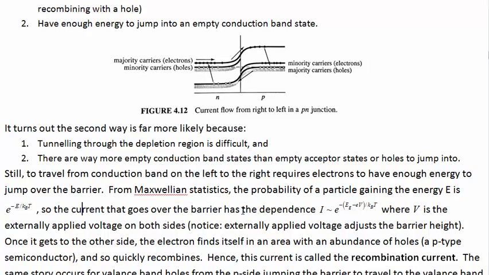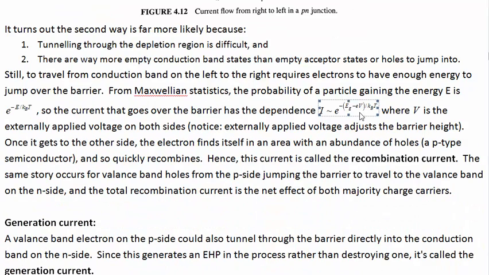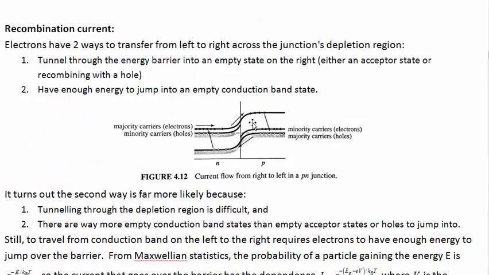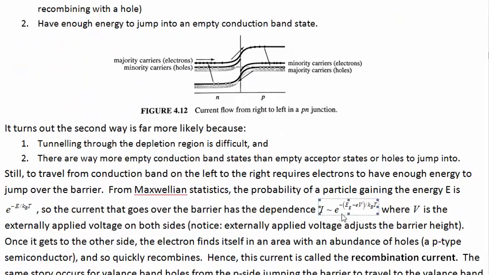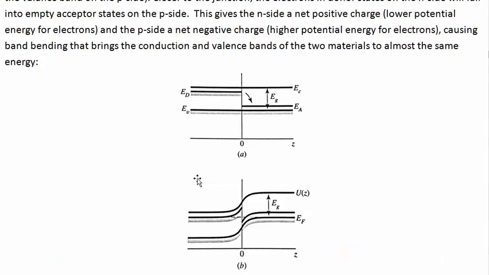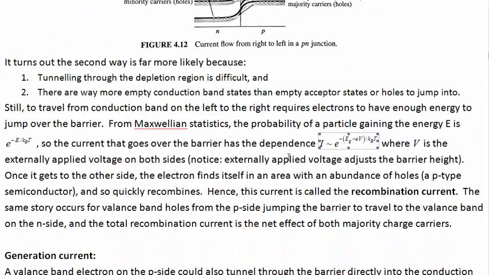So the current that we get, thinking about all those effects together, the current from this jumping across from having enough energy scales with an exponential given by an energy that depends on the gap energy and the potential applied. You can shift around the relative size of the energy levels by applying a potential, just like we talked about when we were looking at metals, and the temperature.